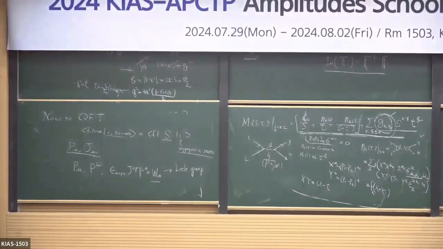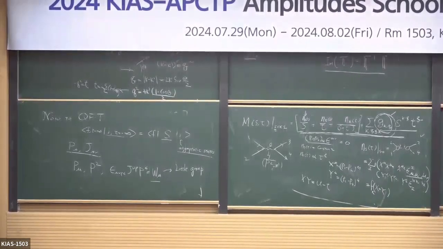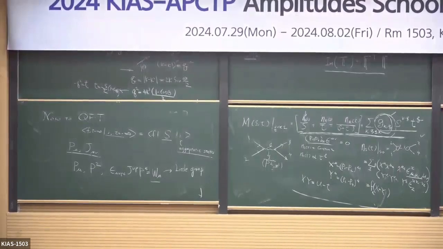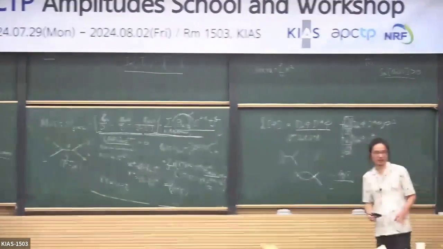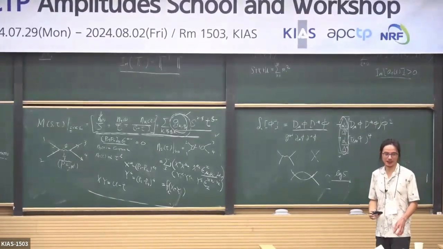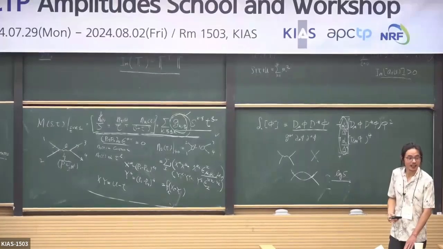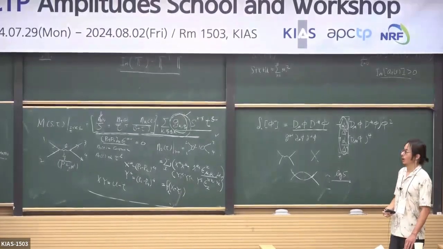Any other questions? Is logarithm the only kind of non-analyticity? Oh no, there's a whole zoo of non-analyticity. I mean, to be more specific, can you have something like a square root of s squared minus t squared, to some fractional power?